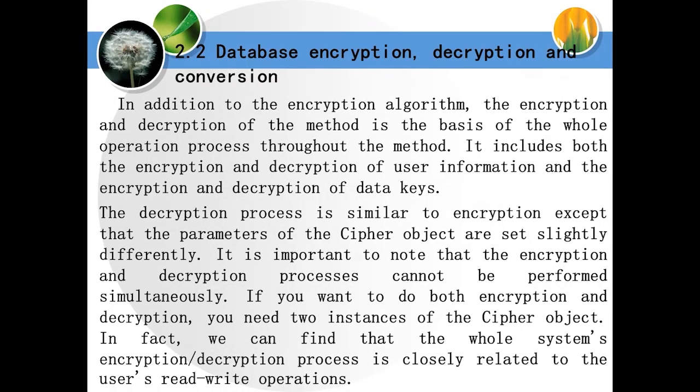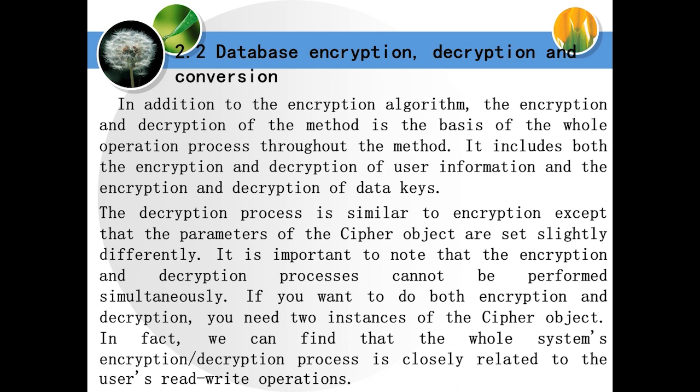Database encryption, decryption and conversion. In addition to the encryption algorithm, the encryption and decryption of the method is the basis of the whole operation process throughout the method. It includes both the encryption and decryption of user information and the encryption and decryption of data keys. The decryption process is similar to encryption except that the parameters of the cipher object are set slightly differently.